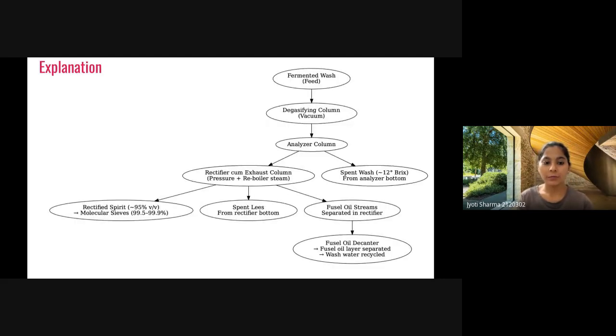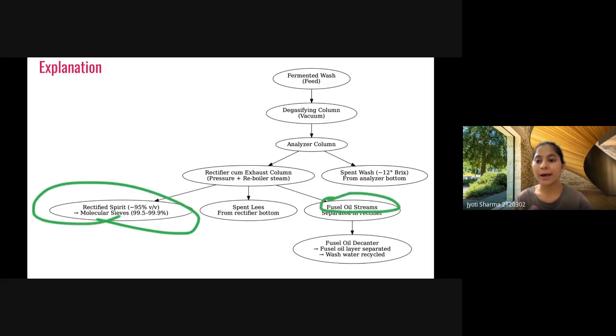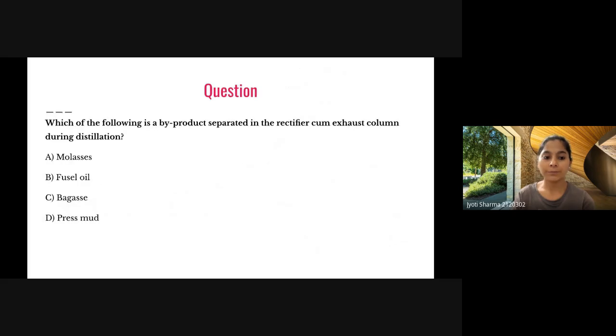We will get rectified spirit, but along with that we will have this fusel oil as the byproduct, and that would be in the wastewater, and we have to remove such kind of oil from the wastewater so that we can reuse the water, right? So that's how this B answer will be the right answer.